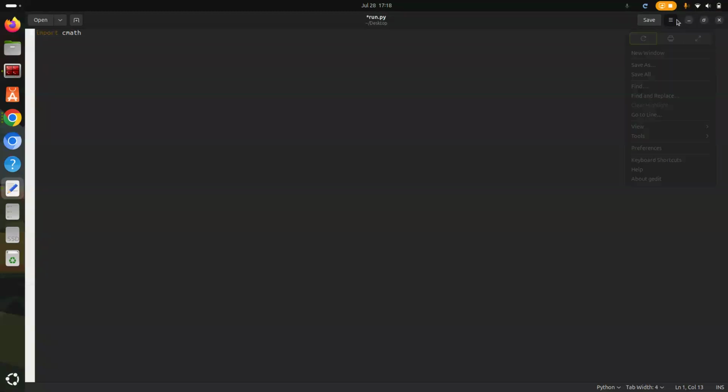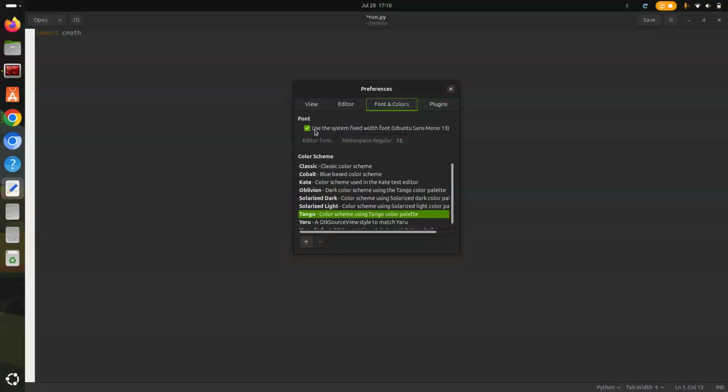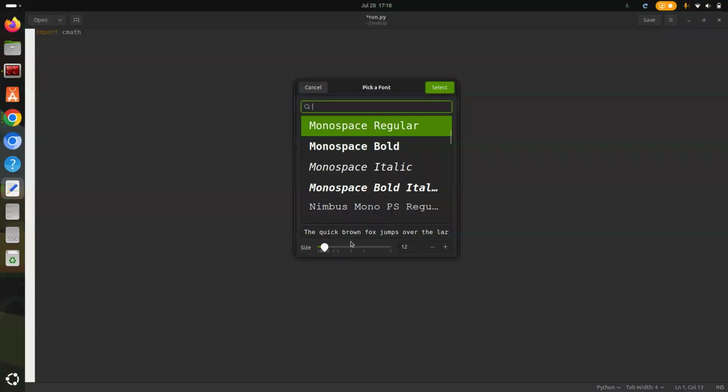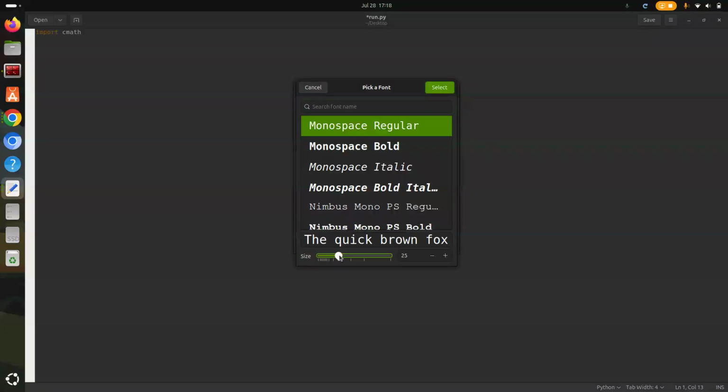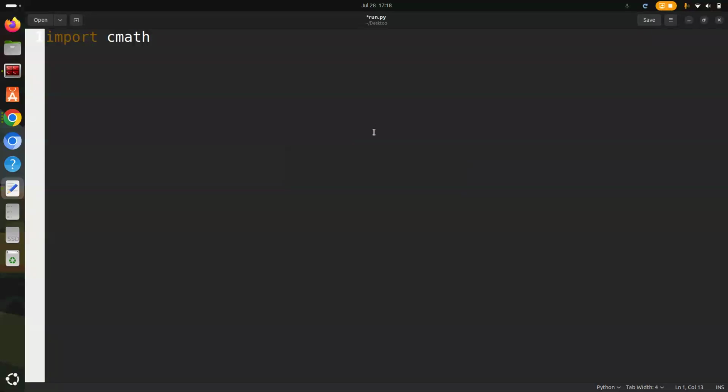I need to increase the font size so that you'll be able to see. Yeah, I think now you are able to see.